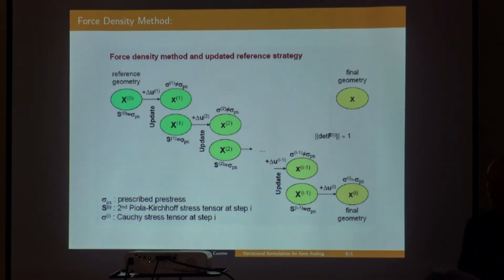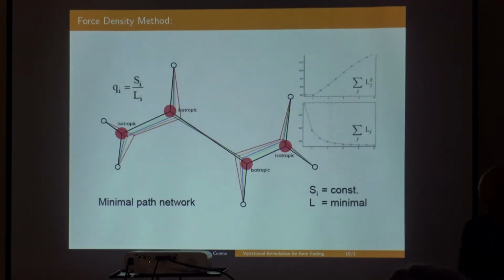So the idea was to enforce some constraint, for instance, on the length of the elements, or on the stress, or the structural force on the element, and solve it iteratively. This is an example.